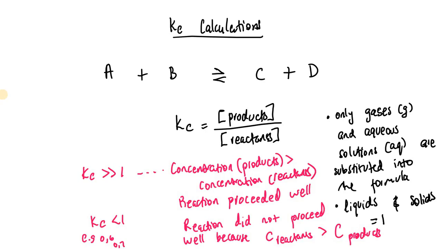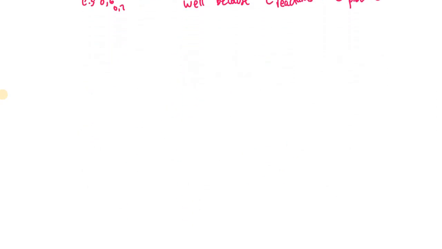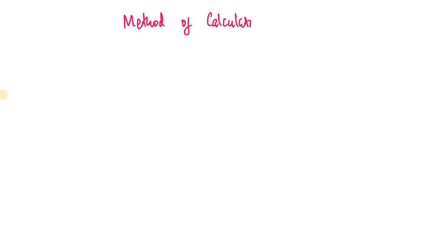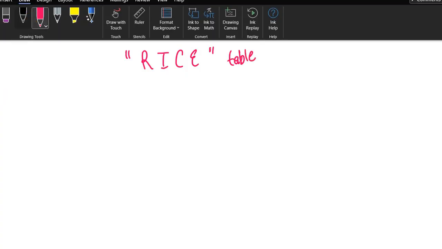And then now we looked at a method that we use to calculate Kc. Now in terms of the method of calculation, we said we use the Rice table. Now how do we use this Rice table?